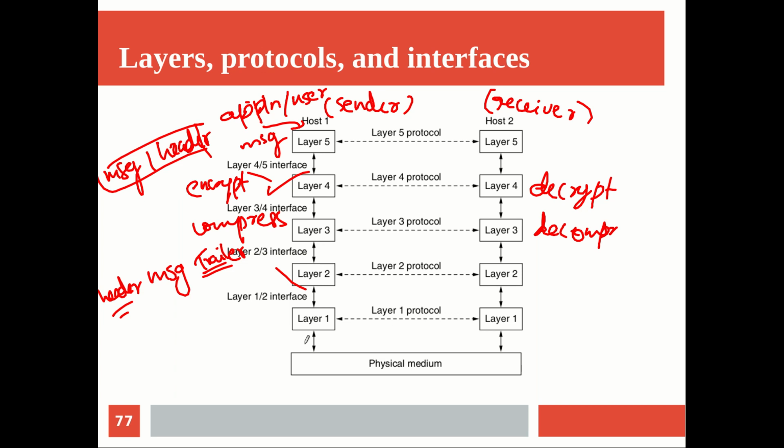Finally, when it comes to layer 1, the information is just in the form of zeros and ones, and these bits will get encoded into some signal, like a Manchester or differential Manchester encoded signal, that will be passed through the physical medium. At the receiver side, decoding will happen at layer 1 and you will get the original message.